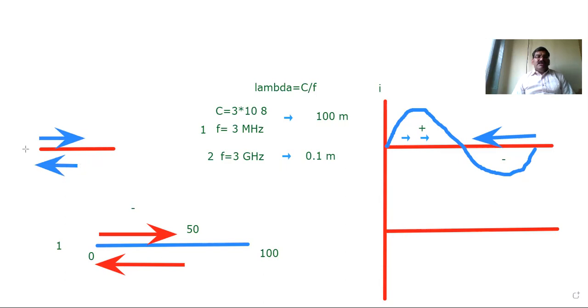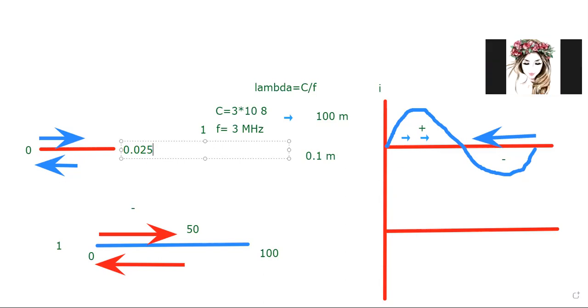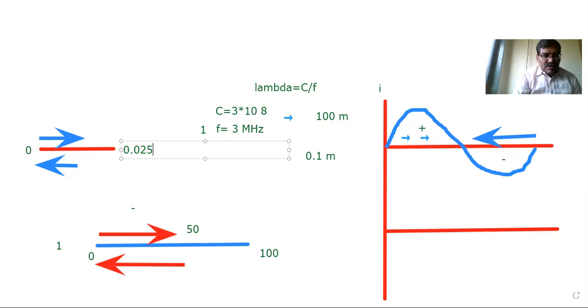So what is the distance here? Here this is 0, and this end is 0.1.